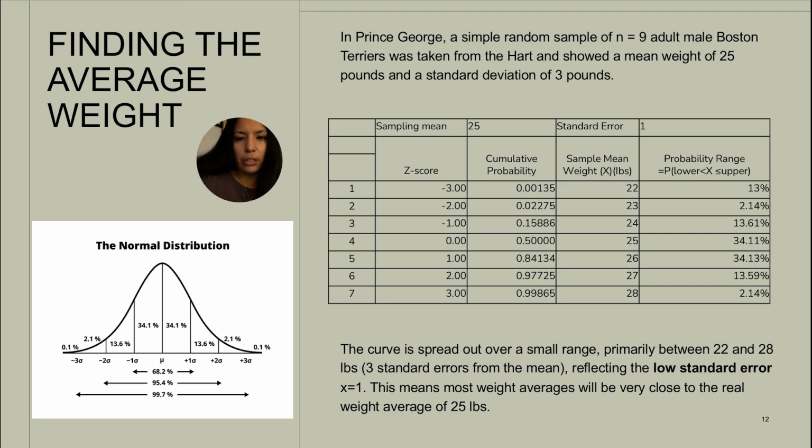This just basically shows that the average weight of the 9 Boston Terriers is in close range of the average weight of Boston Terriers of 25 pounds. And it will be mapped out on the bell curve. I'll show you which intervals it's closest to, which percentage.